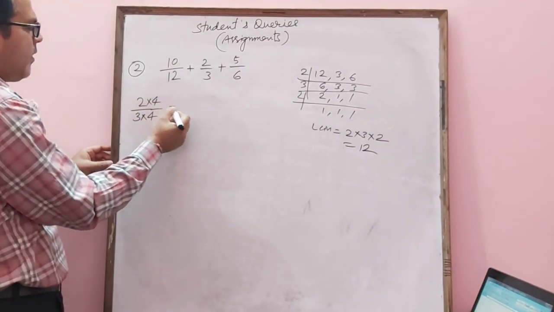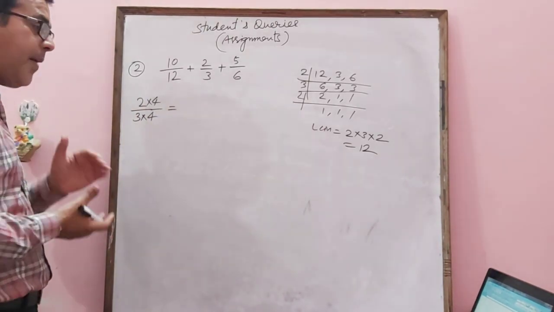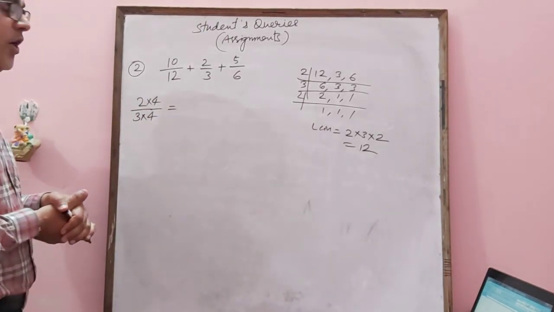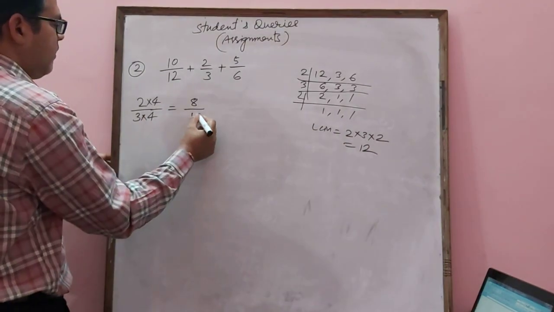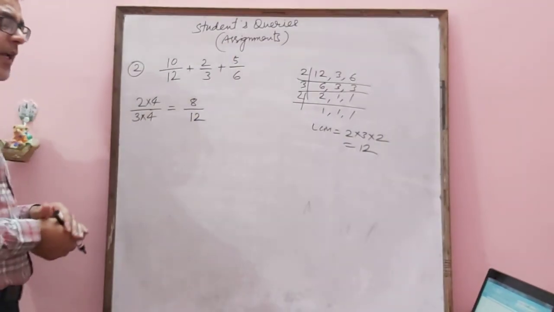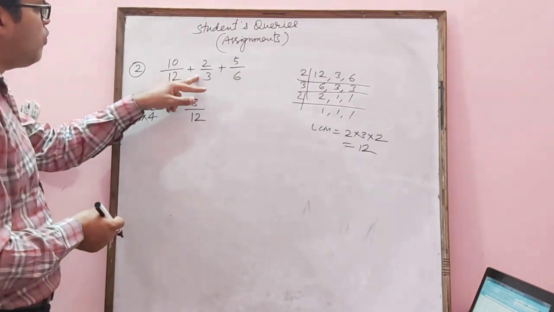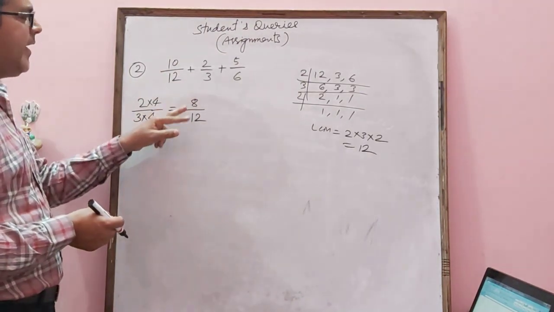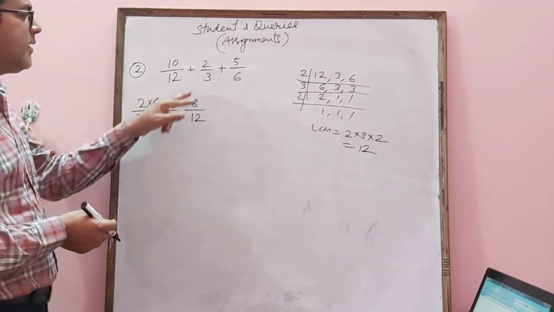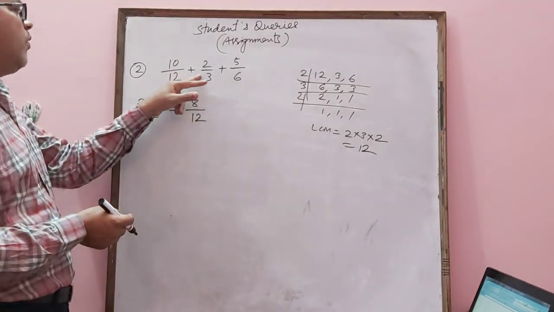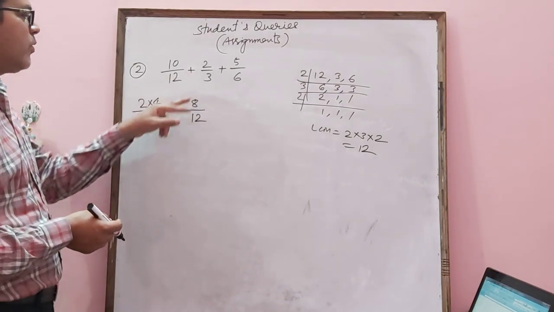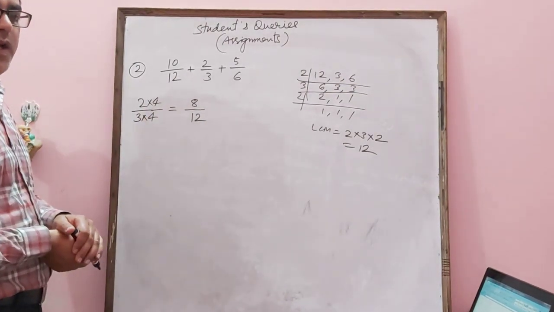Since we are multiplying the denominator, we have to multiply the numerator also. You know very well. So 4 2s are 8 and 3 4s are 12. It means instead of 2 upon 3, we can also write 8 by 12. This is the equivalent fraction for 2 by 3.